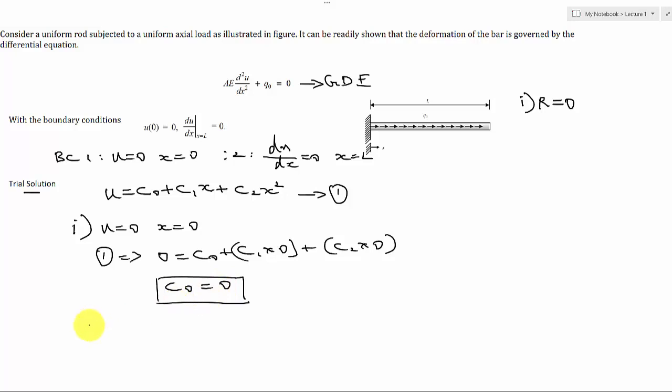Now I am going to substitute the c0 value in equation number 1. So this is my equation number 1. I can substitute it, that is u is equal to c0, which is 0, so the remaining equation is c1x plus c2 x square, and consider this as equation number 2.